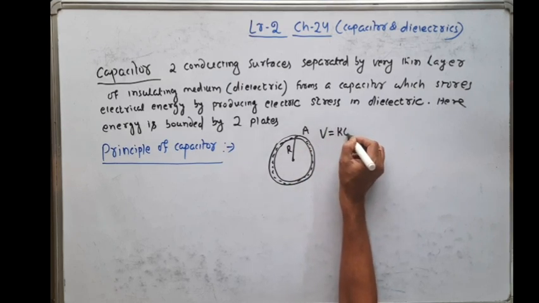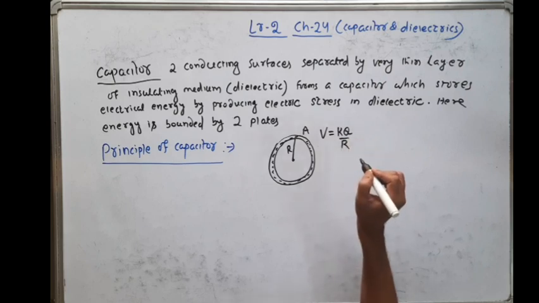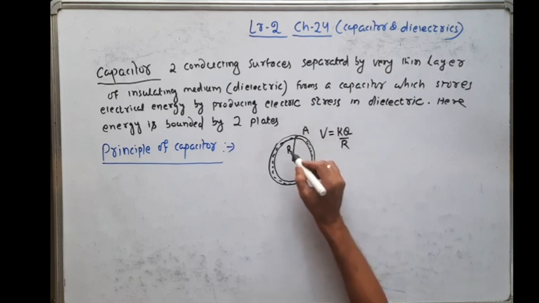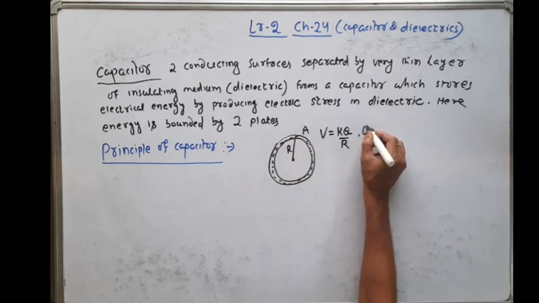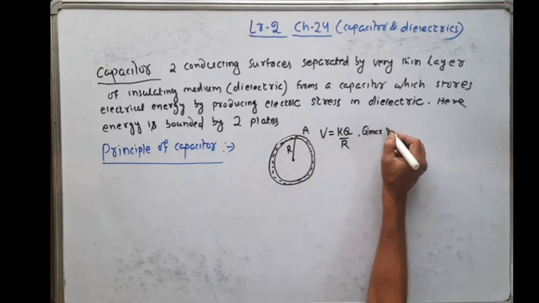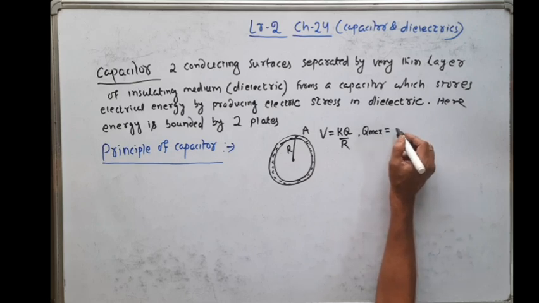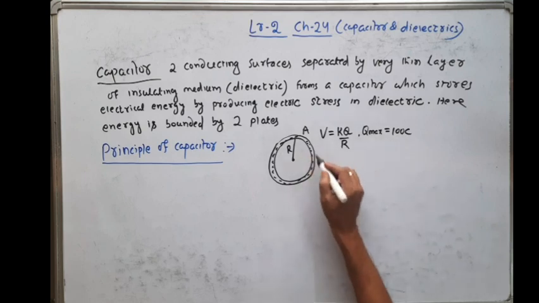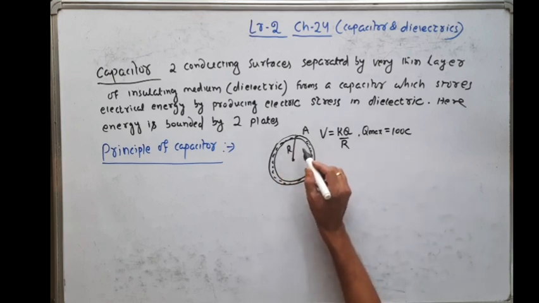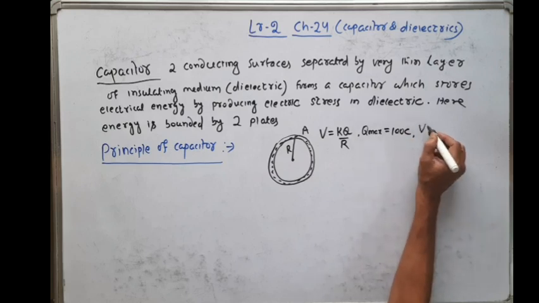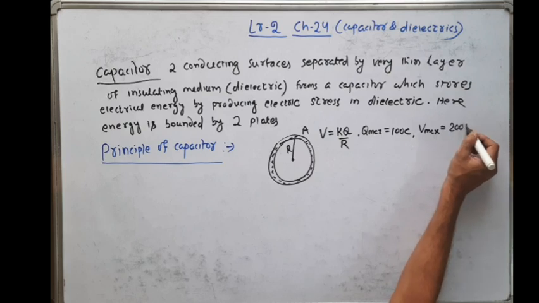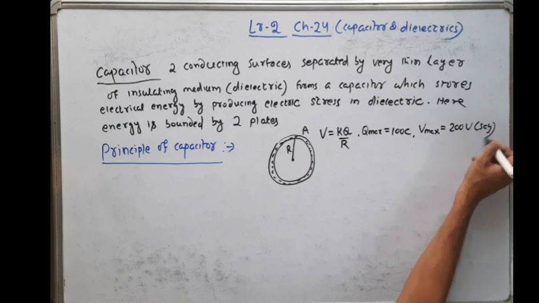On the surface it is KQ by R. Let this sphere A be charged by a maximum charge. Let us say, as an example, this A conductor can store a maximum of 100 coulomb charge. Corresponding to this maximum 100 coulomb charge, the maximum potential is, say, 200 volt. I am just taking an example.